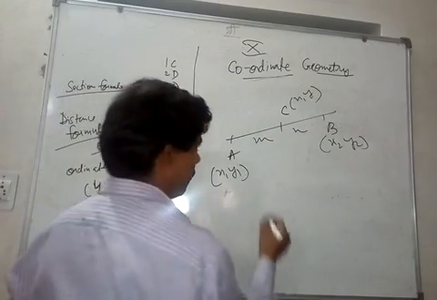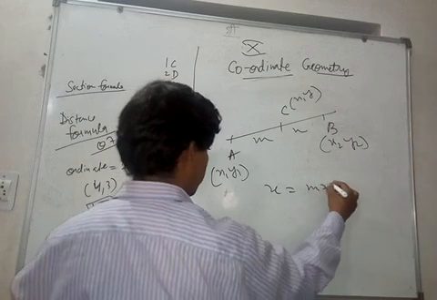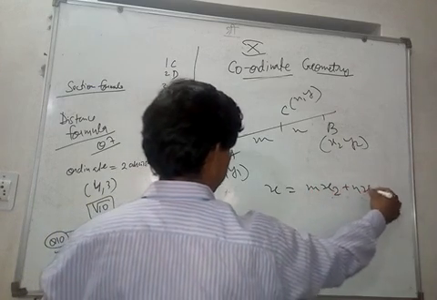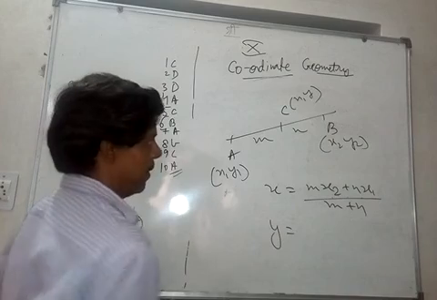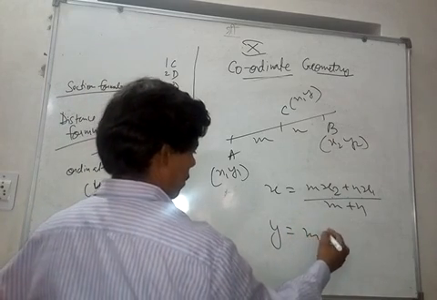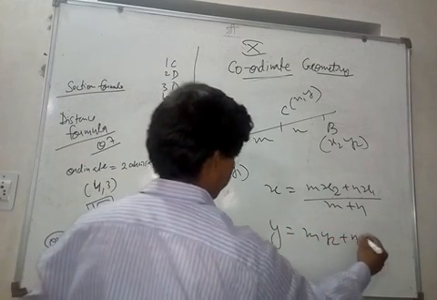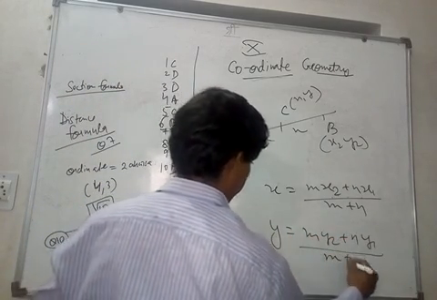For internal division, if you remember, x is equal to mx2 plus nx1 upon m plus n, and y is equal to my2 plus ny1 upon m plus n.